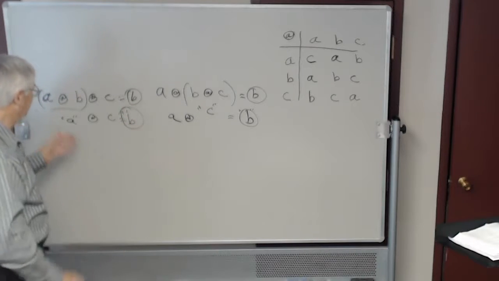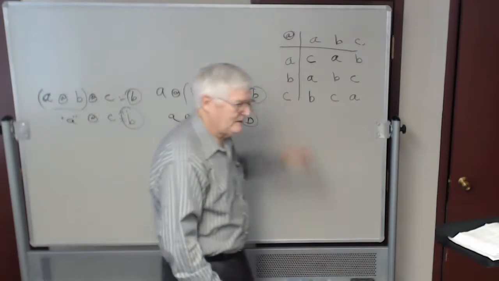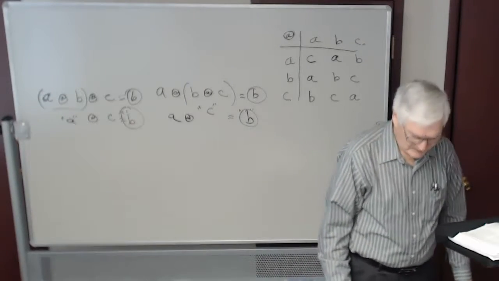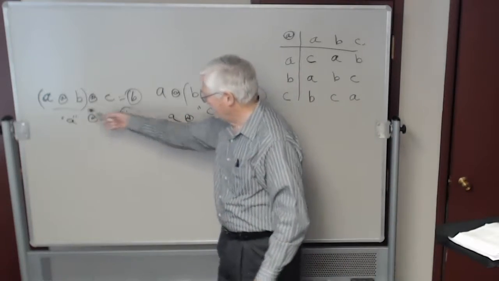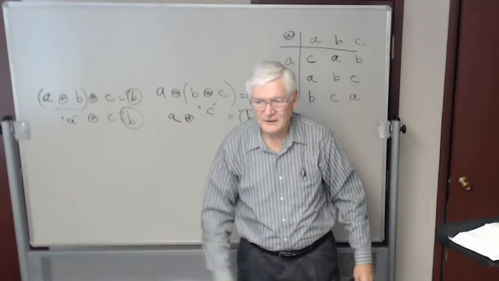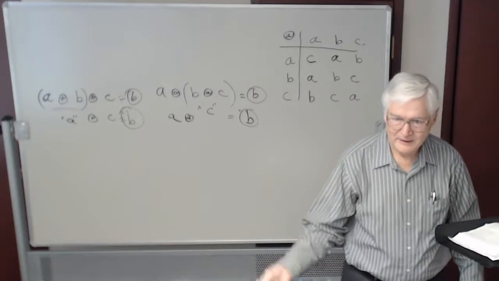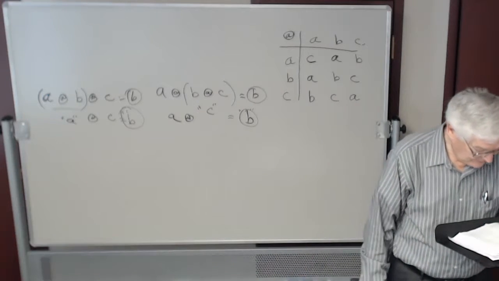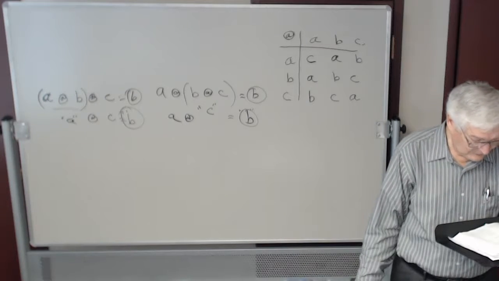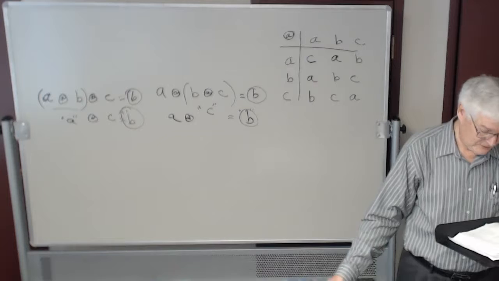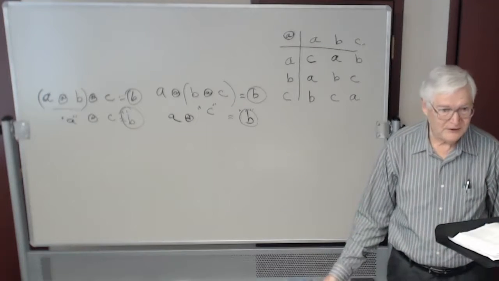So guess what we just discovered? That the operation at is, what property is that? When you can group the three of them either way and you get the same answer? The associative property. Are the results in parts A and B identical? Yes. Which means this operation is associative.